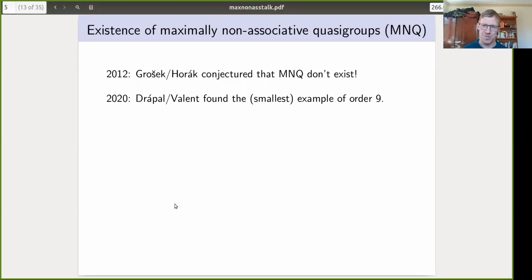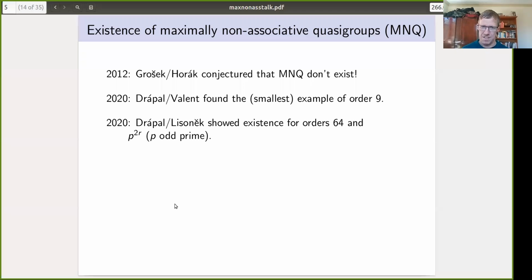It wasn't until actually quite recently that an example was published. So my co-author and I think one of his students did a computer search, found that the smallest example is the one that I gave you.